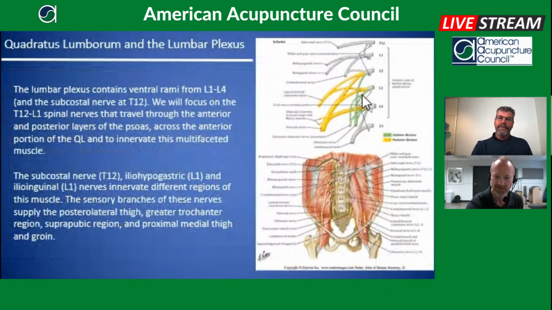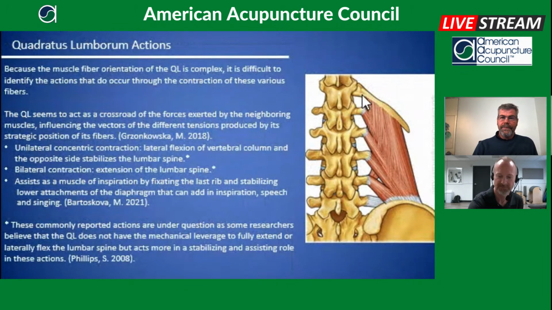Hey, Brian, can I add something to that? Sure, absolutely. So the first two bullets with those asterisks are that research. They did some EMG studies on that, and they had the models go into extension of the lumbar spine as well as lateral flexion, looking at the muscles that act on the spine.